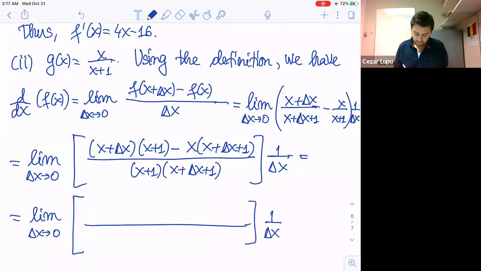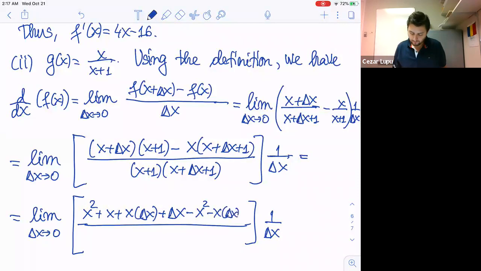Now multiplying all this will give us x squared plus x plus x times delta x plus delta x minus x squared minus x times delta x minus x. And now on the bottom we have x plus 1 times x plus delta x plus 1.